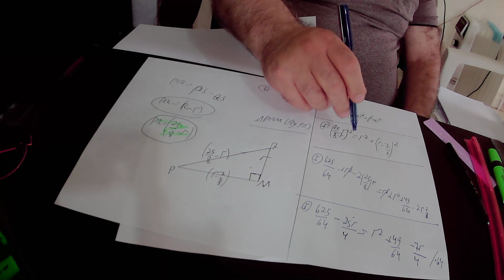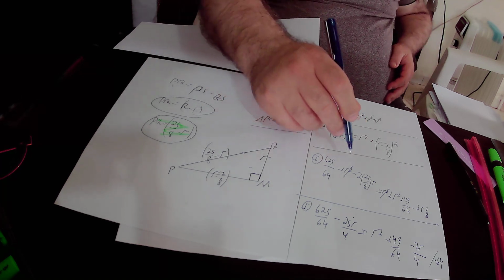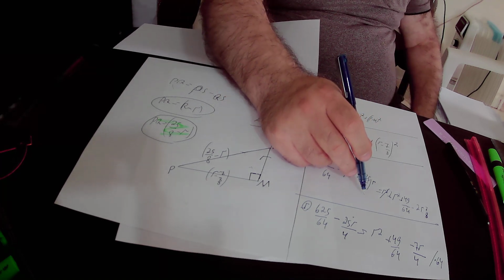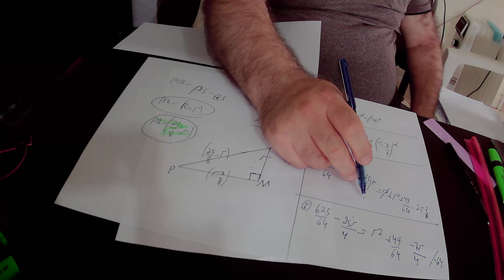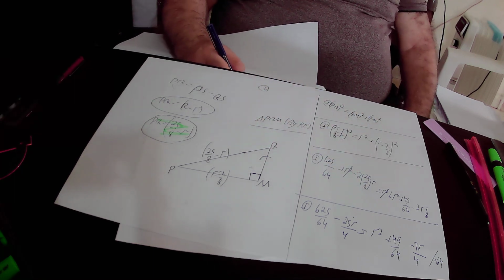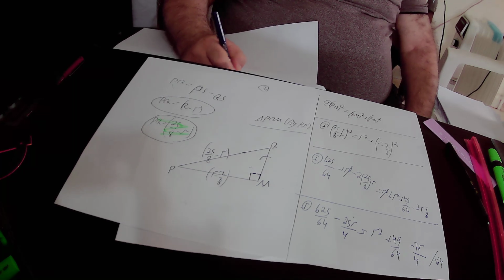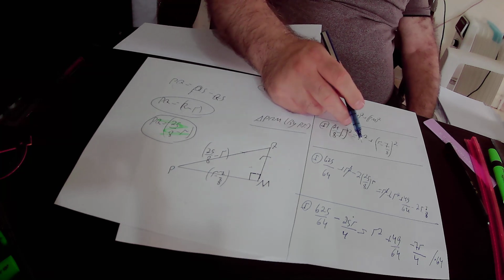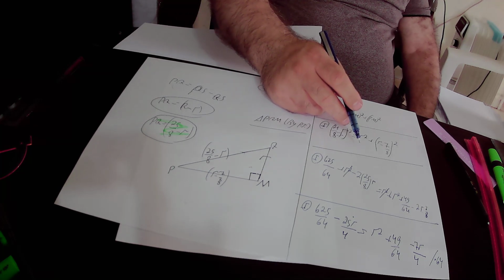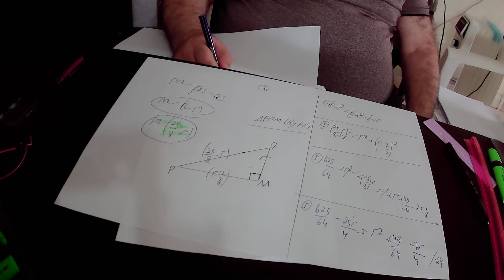On the other side of the equation, we have to multiply r squared by 64. R squared times 64 is 64r squared. Here we have 49 times 64 over 64, which is 49.